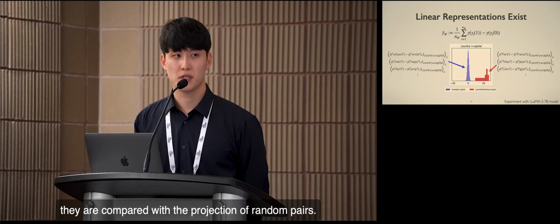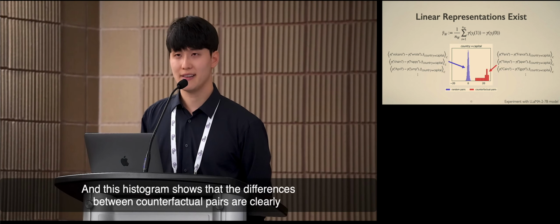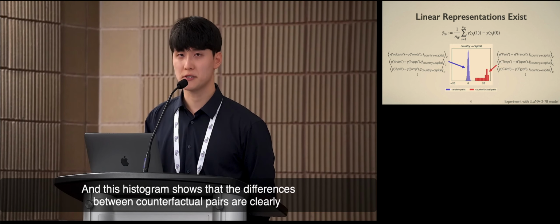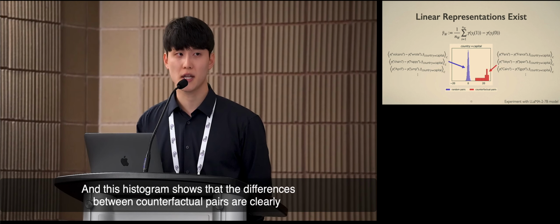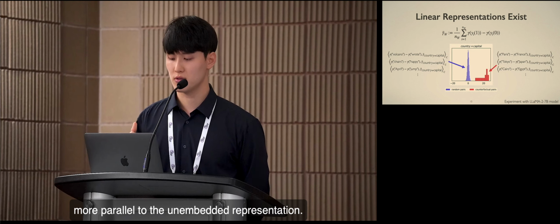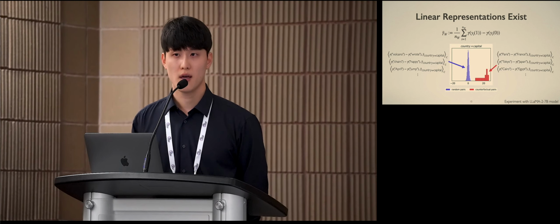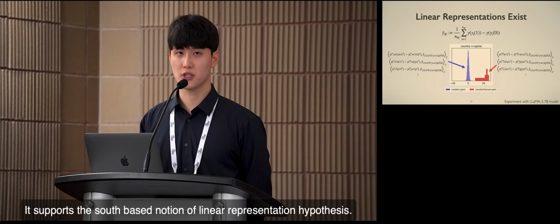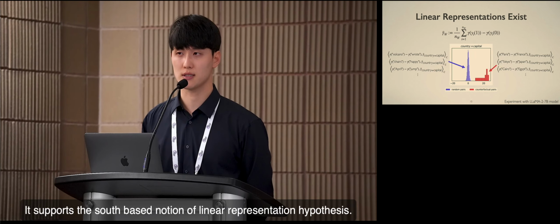They are compared with the projection of random pairs, and this histogram shows that the differences between counterfactual pairs are clearly more parallel to the unembedded representation. It supports the subspace notion of linear representation hypothesis.